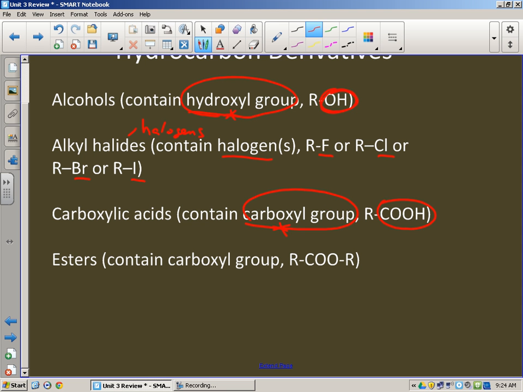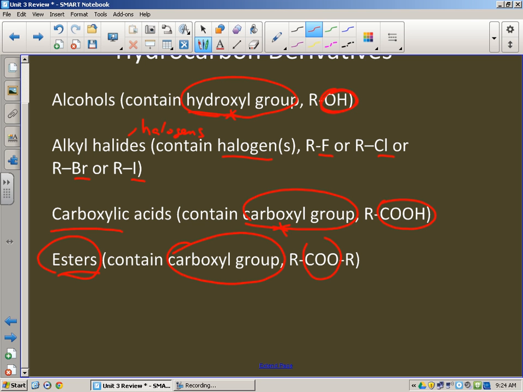And then esters contain a carboxyl group. So they do have a carboxyl group. The difference between the carboxylic acids and the esters is that in carboxylic acids, that C double bond O, OH is always at the end of the chain, whereas in an ester it's in the middle, and it comes from two different parts, of course, and we know that esters are made up of alcohols and carboxylic acids.